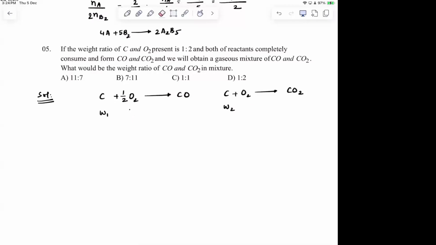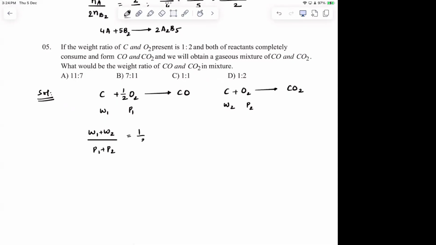So let me write P1 and P2. So we know that the weight ratio, W1 plus W2, this is the total weight, divided by P1 plus P2, is equal to 1 by 2. This is one ratio we know. Got it?